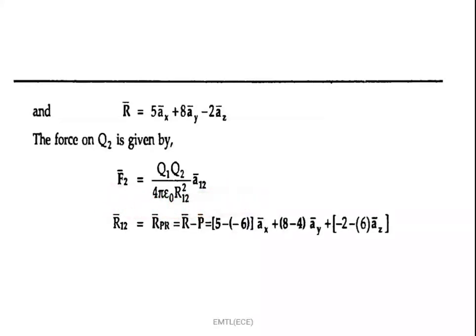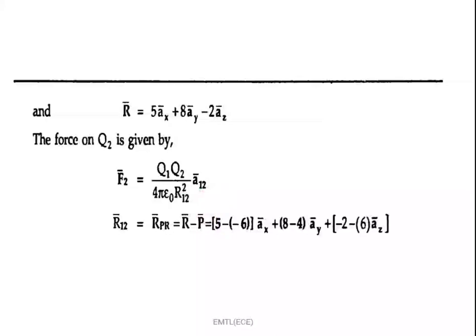This is the expression of Coulomb's law in vector notation. Here A12 bar is a unit vector along the direction between P and R, and capital R is the distance between P and R.